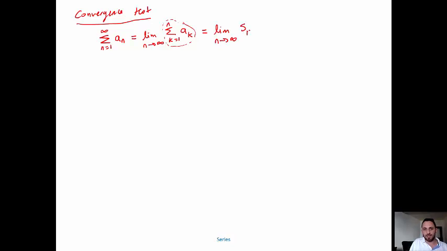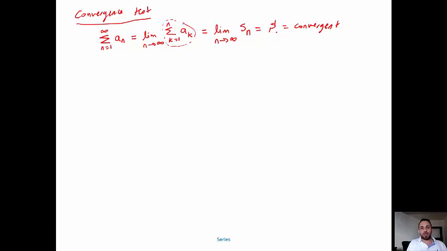We denoted it by Sn. Okay, and we said if the limit of this formula for the sequence of partial sums tends to a certain value, we say it is convergent. Okay, that's what the convergence test is about.